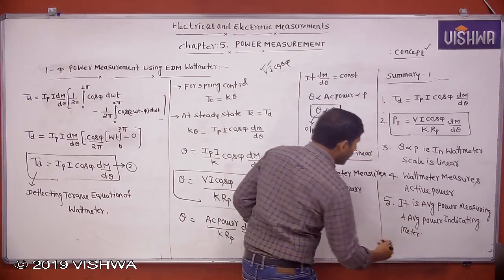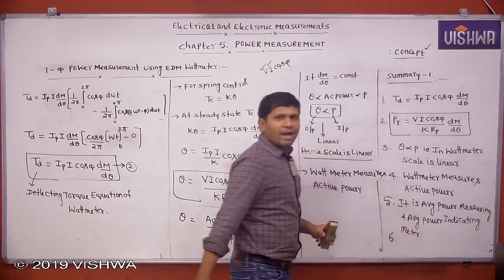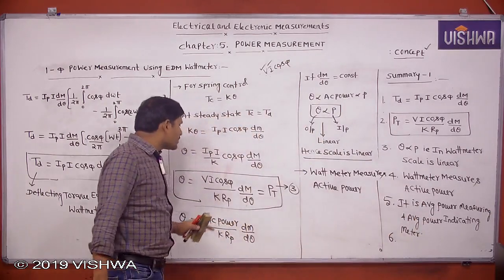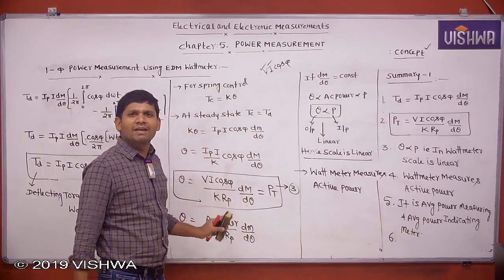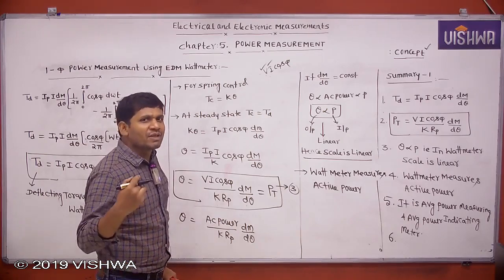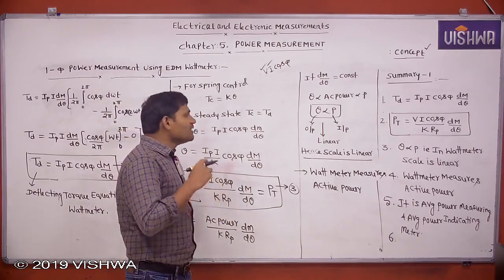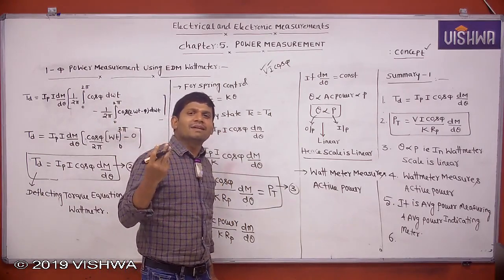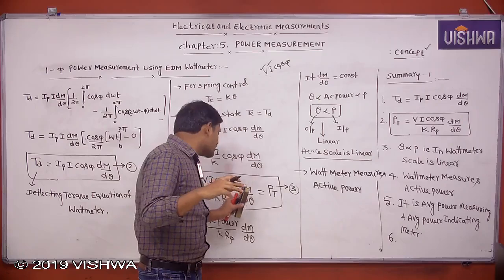Next, last observation. We are getting the VI cos phi expression with the assumption that pressure coil inductance is negligible. But practically, every coil will offer some inductance. Here I took the assumption that pressure coil inductance is negligible; then only we are getting the expression for true power.